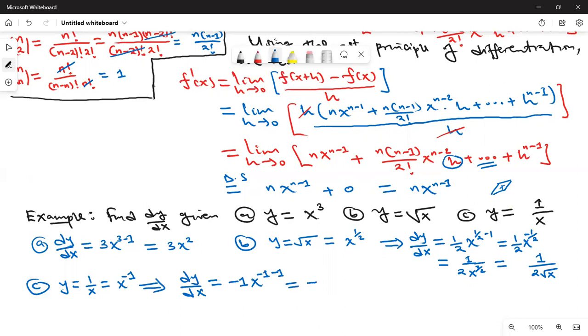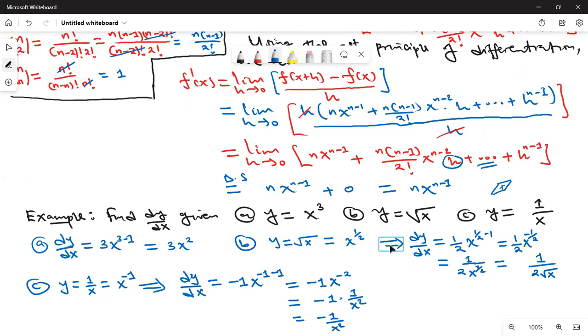So that is negative 1 times x raised to negative 2, which you can as well write as negative 1 times 1 over x squared, which is simply equal to negative 1 over x squared. That's our dy dx. So you see, power rule is very simple as opposed to the first principle of differentiation. First principle will take a lot of time, but with the power rule, just applying the formula, you get straight away to the required answer, the derivative.